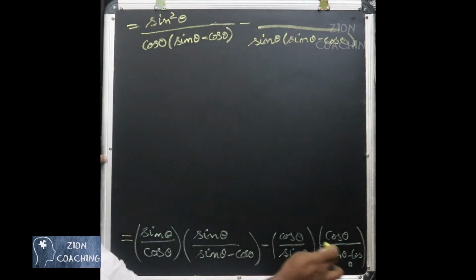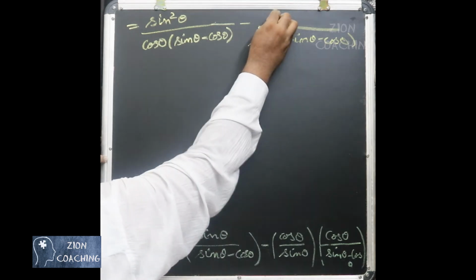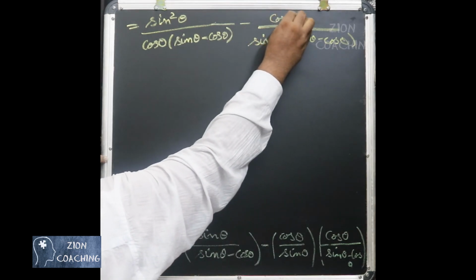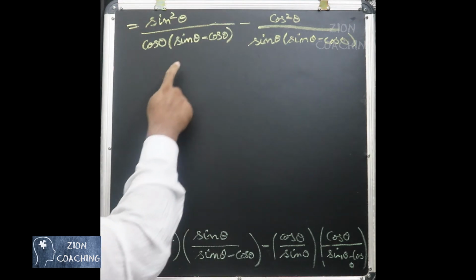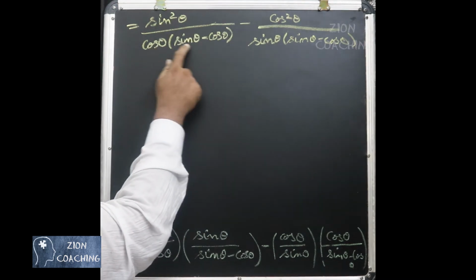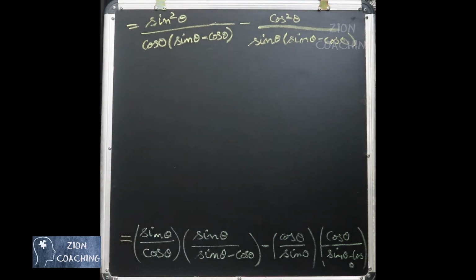I have just multiplied. Then the numerator multiplying cos theta and cos theta, you will have cos squared theta. Now when you compare cos theta into sin theta minus cos theta, here it is sin theta into sin theta minus cos theta. So the denominators are not same. To make the denominators same, we have to take LCM. Only then we can subtract there.